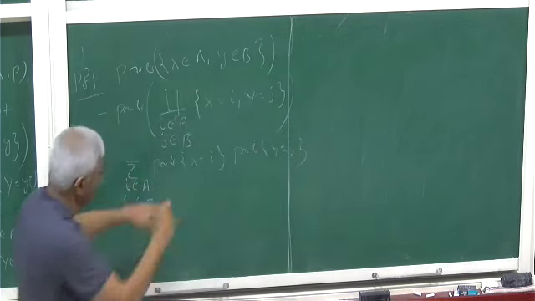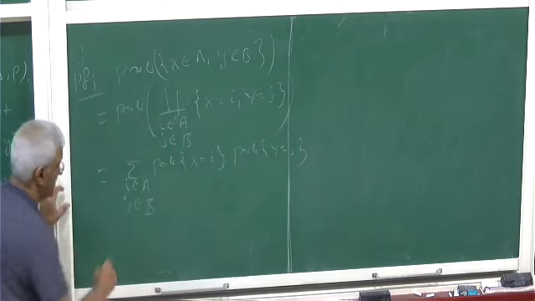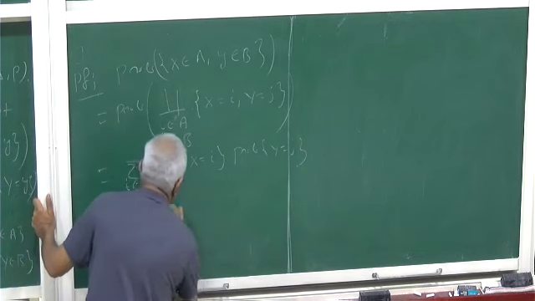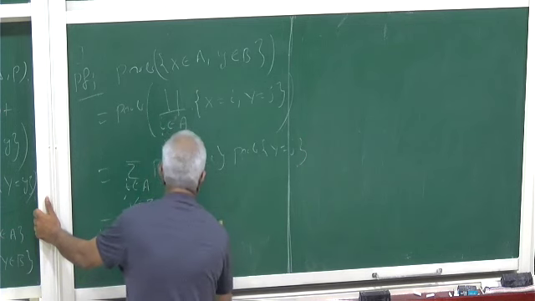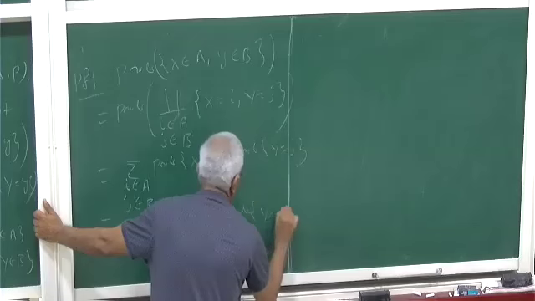Now you do the summation inside, sum over i first, and you get the probability of X in A times the probability of Y in B.